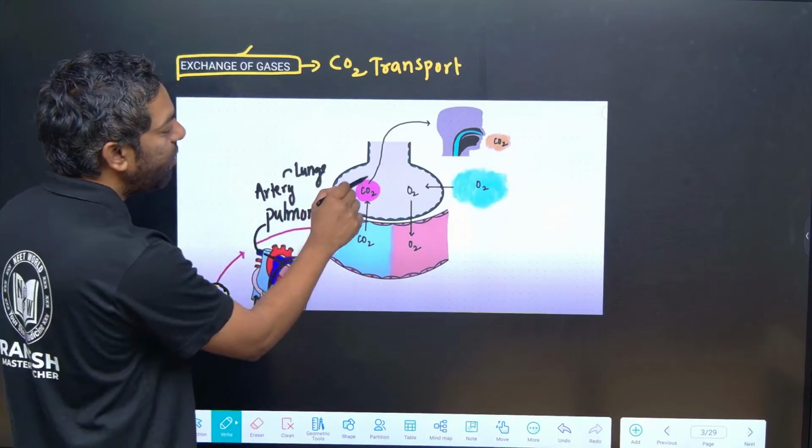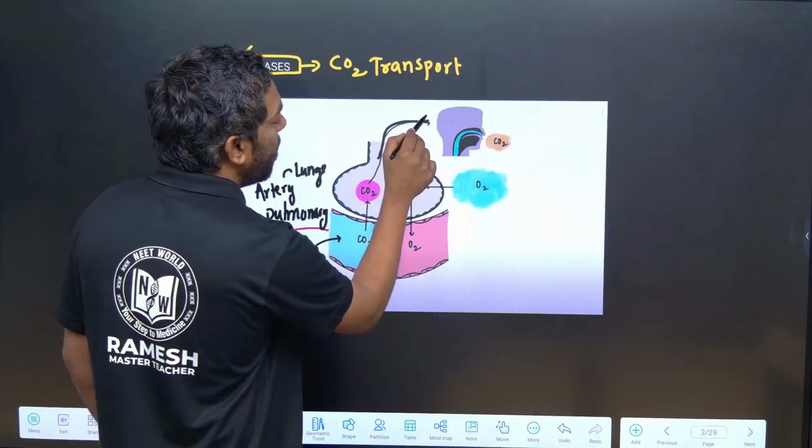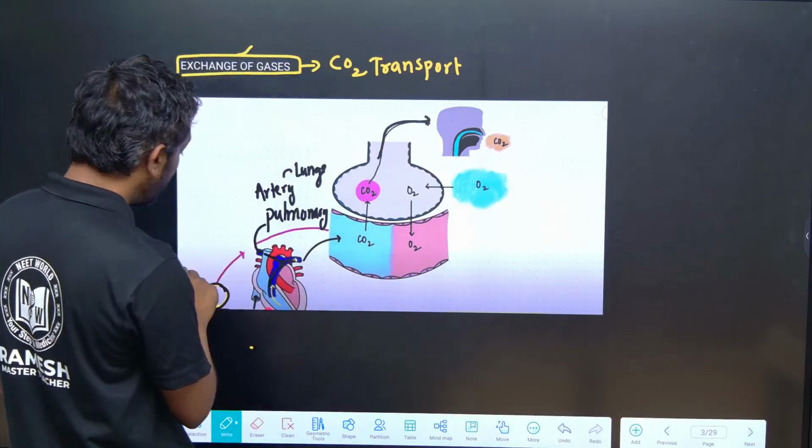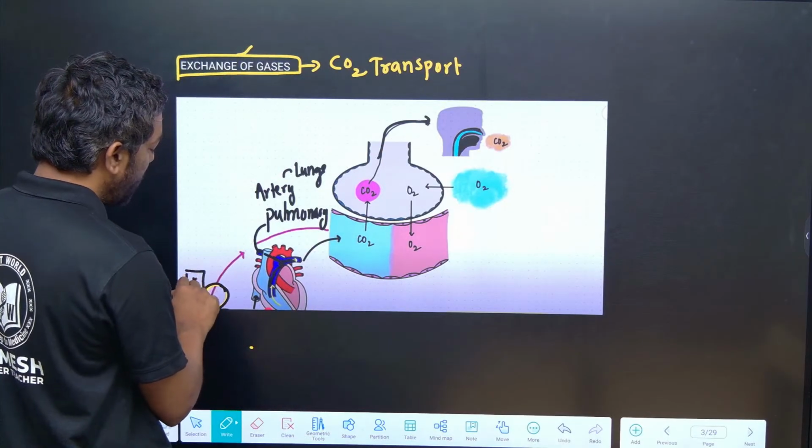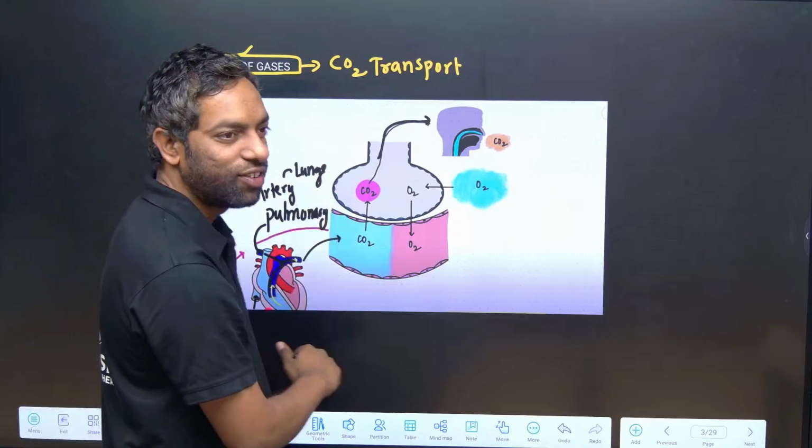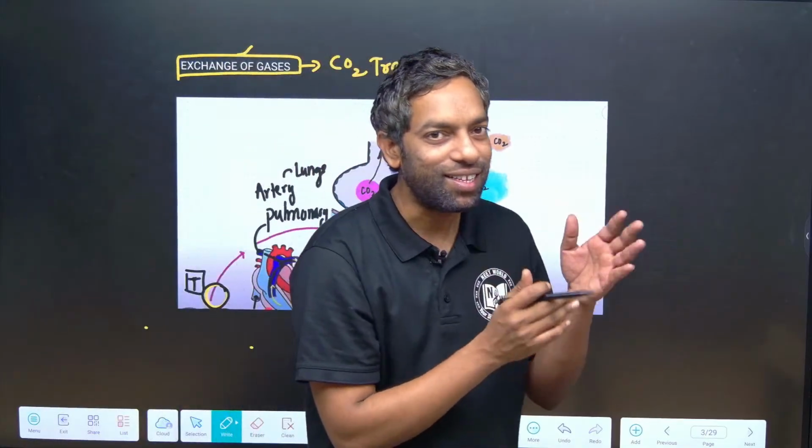From the lungs, the alveoli, they exit out where it started from the tissue. So this is the exchange of gases.